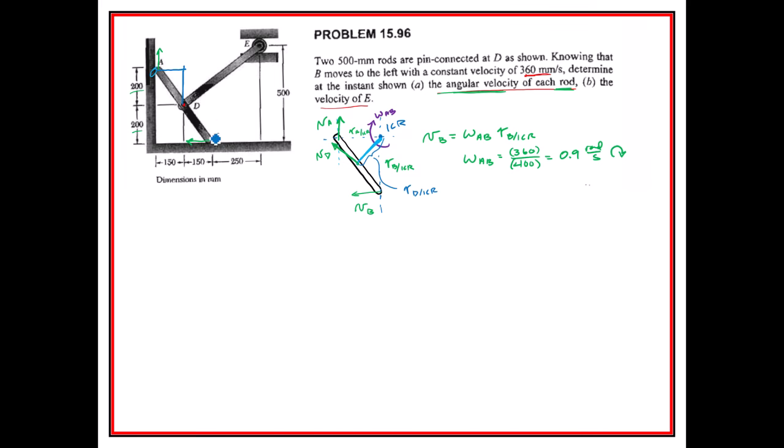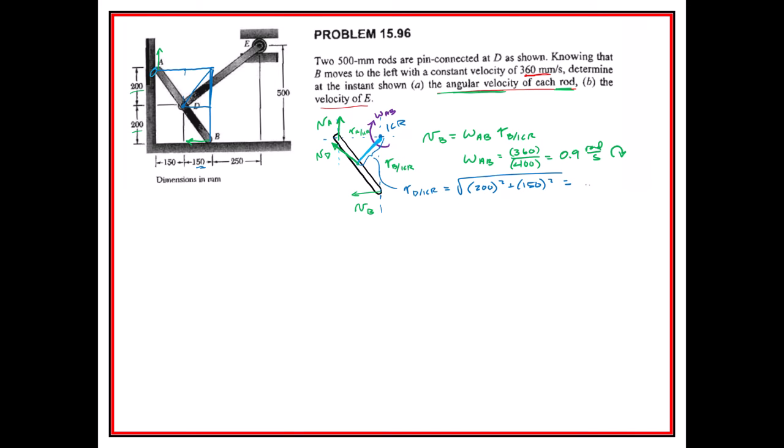And well, we have our ICR right up here, right? So the distance that we want is going to be this distance right in there, which is, yes, okay, so it's going to be 150 right there and 200, right? So that's going to be equal to the square root of 200 squared plus 150 squared.